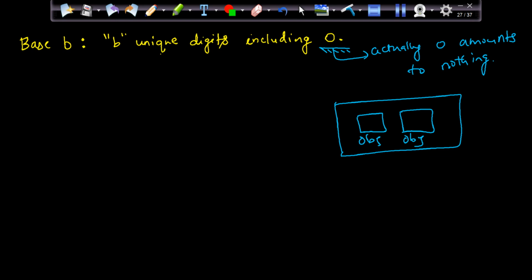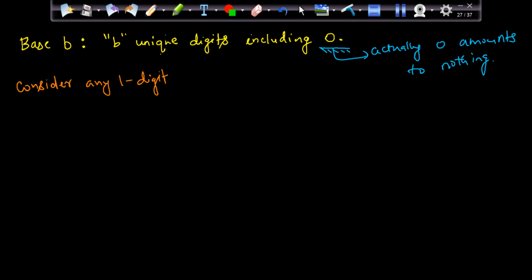If the container does not have any object, then you would say there is 0 objects. So 0 amounts to nothing.